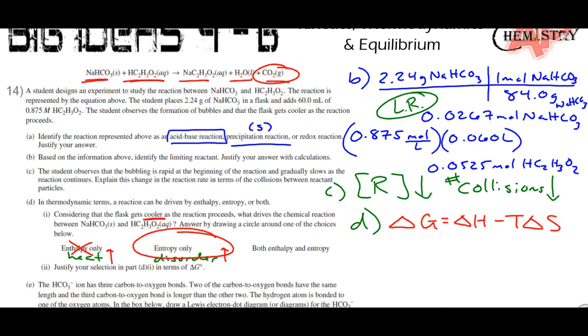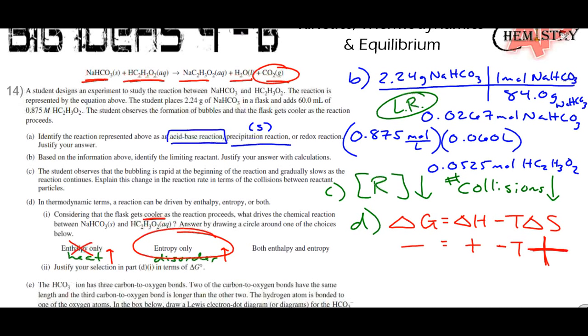Well, for this reaction to naturally occur, I need G to be negative. But unfortunately, let's start over again. G needs to be negative, but H is positive. So for this to occur, my temperature is going to be constant, and I need my change in S to be extremely positive.